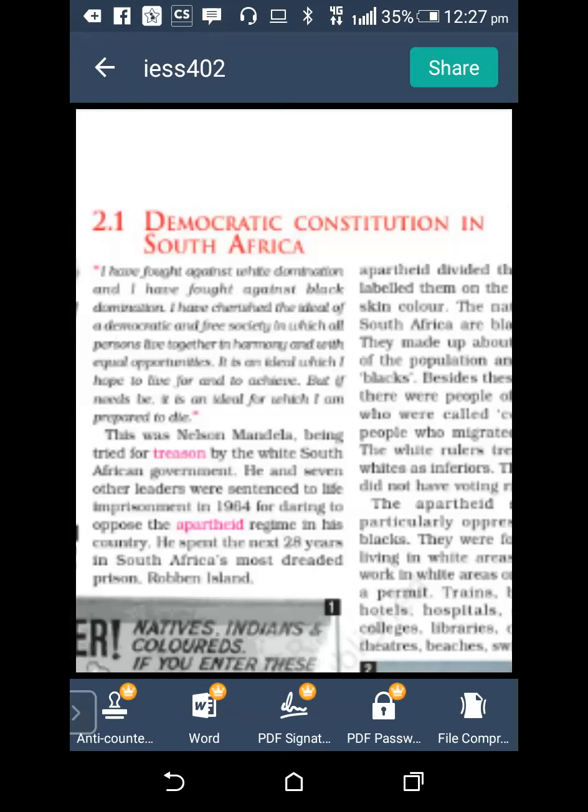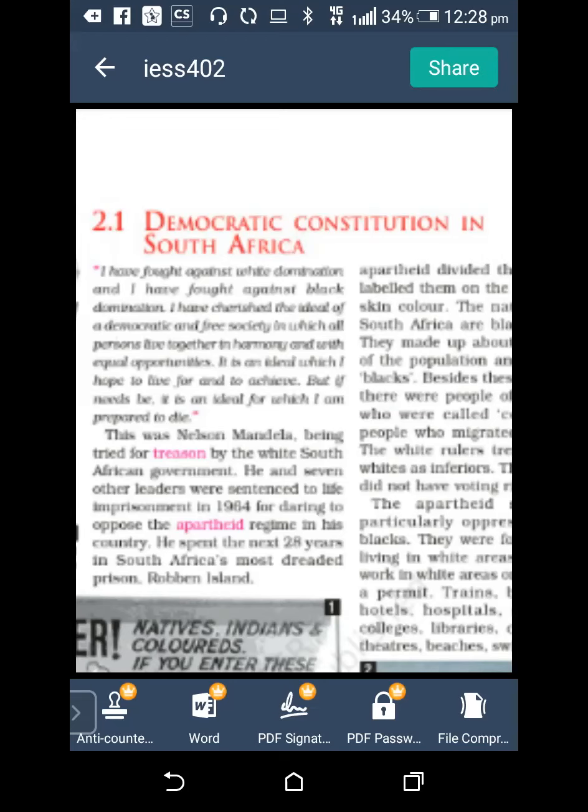I love this सोच, I love this idea, I love this desire कि everyone should be equal in the society. No one should be privileged, right? So I am living for this type of idea, and I can die for this type of idea.